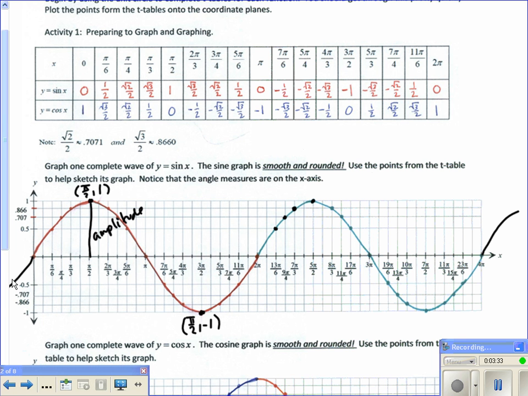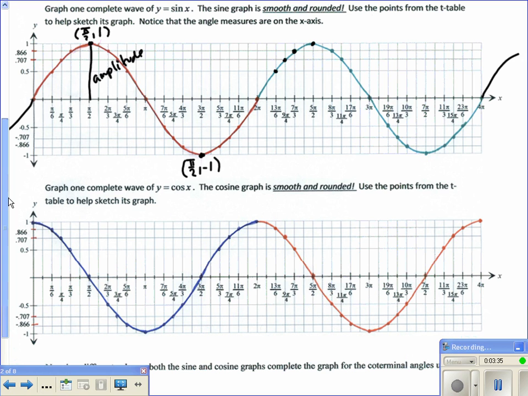If you look at your cosine graph, notice your cosine graph is very similar to your sine graph. The only difference between the two is that it's shifted over, and we'll talk about shifts of graphs a little bit later. Notice that for the cosine graph, it starts at 1 instead of starting at 0, 0, and it goes down instead of going up first.